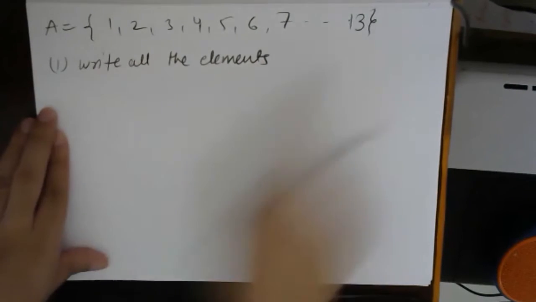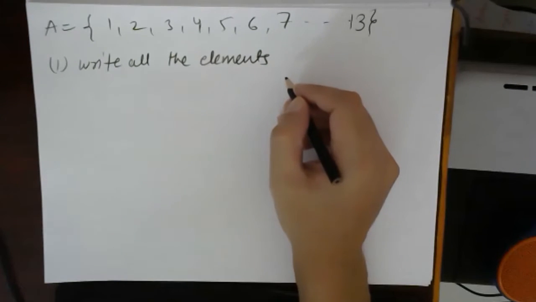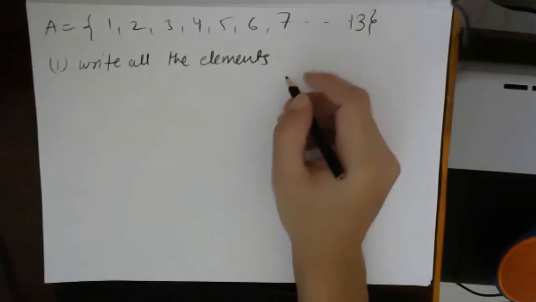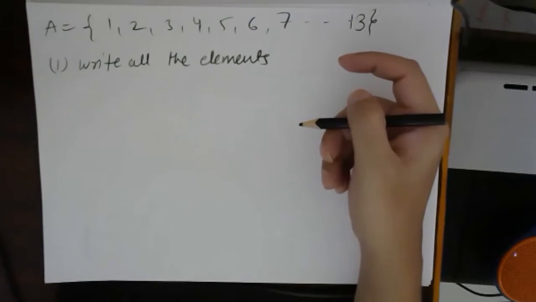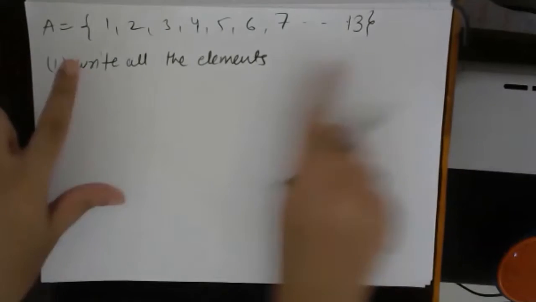Either write all the elements, or you can write the name of the person. But remember, in your school, you have also been given a roll number. What is the purpose of that roll number? Because a name sometimes can be big. You can have a name with first name, middle name, and the last surname, so you can have a very large name.